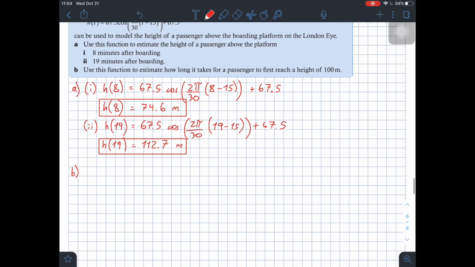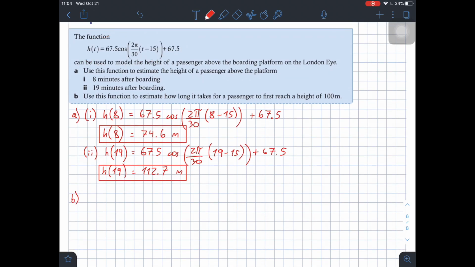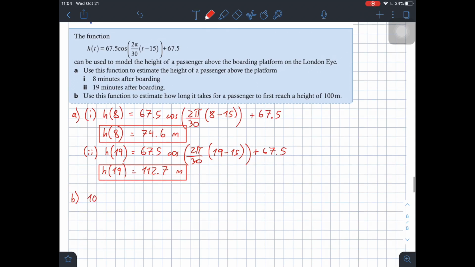So we can set the whole function to 100, right? 100 meters is equal, and we copy the function 67.5 cosine of 2 pi over 30. Instead of writing height time, we're going to leave it as t. We want to find the time it first reaches that value, plus 67.5.